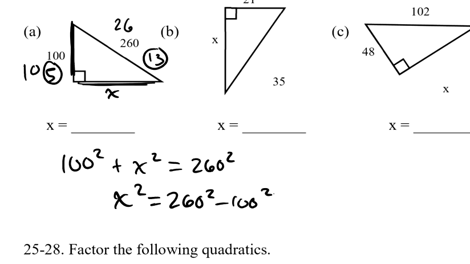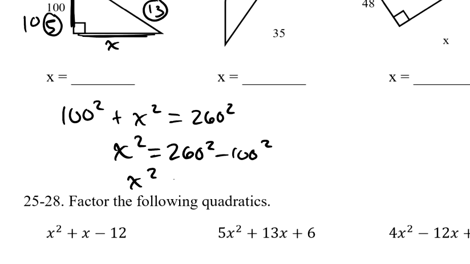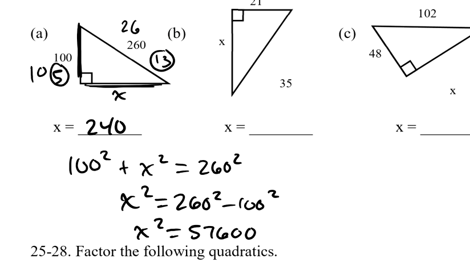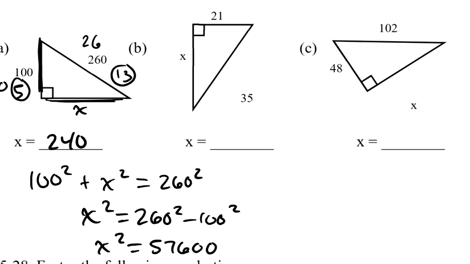And when I do that, I get that x squared is 57,600. And if I take the square root of 57,600, I get the number 240. So x is 240, and if I divide that by 10 and then divide by 2, it's a 12. So I guess it's a 5, 12, 13 triple there that makes that easier. But I'm just using the Pythagorean Theorem.